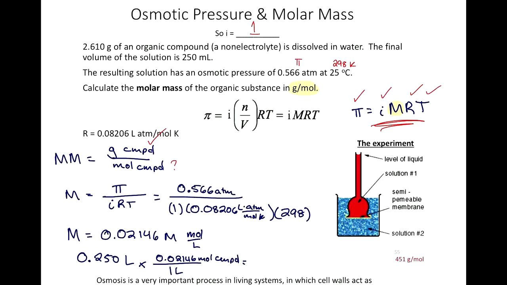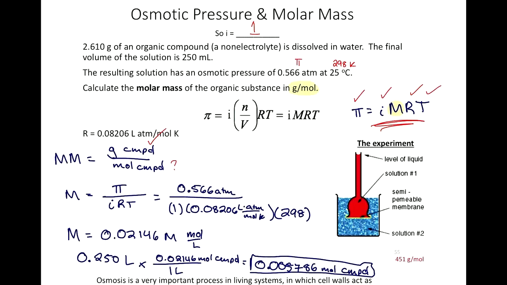And so in this quarter liter of solution, there are actually only 0.0057786 moles of compound present. Does this number go in my denominator? Yes, that number goes in the denominator now.